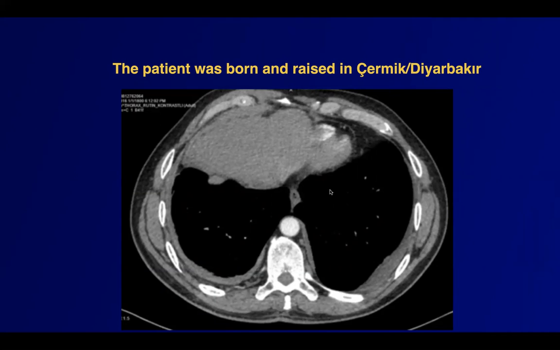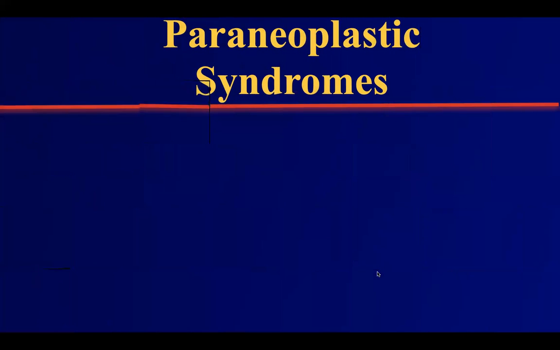This patient was born and raised in Çermik, Diyarbakır, in which the soil is rich in asbestos and erionite. And as you see, the patient has a bilateral pleural thickening, but he has no pain during night or day. So we didn't want to take any biopsy from this patient, but you should follow this patient up. And we have been following this patient up.